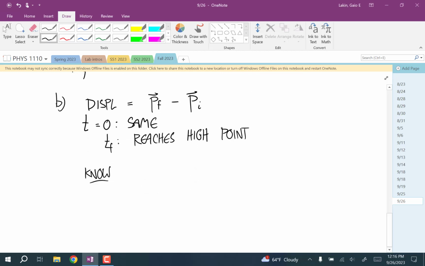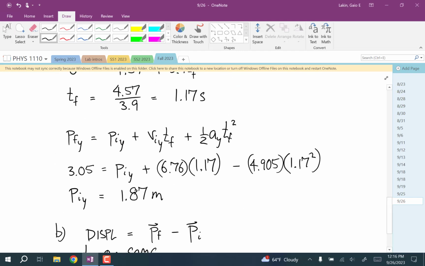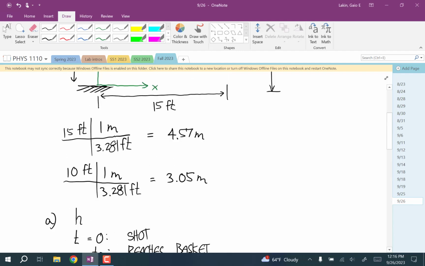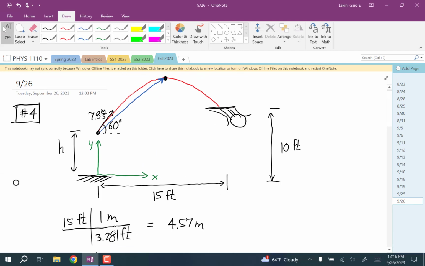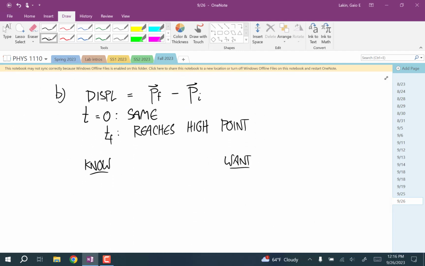Okay, so we calculated time final with our old definition of time final. We know what the stopwatch said, but we don't know what the stopwatch says when it reaches the highest point. So we can't include that. The acceleration is still 0, negative 9.81. The initial position, we know all of that now. It's 0, 1.87.